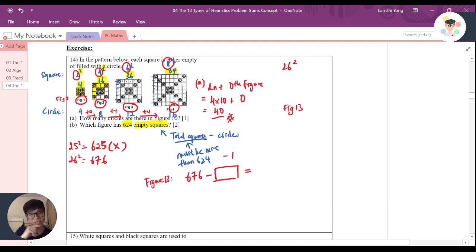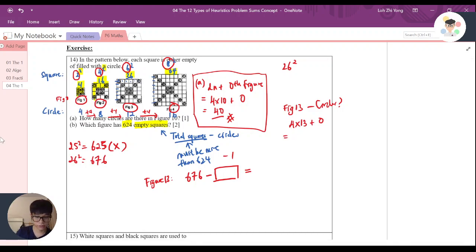Now, I know that when it is this one, it will be figure 13. Then how many circles do we have here? So we can try to minus. Again, we can use the same concept as what we did here. If it's figure 13, how many circles? d times n. d we know is again 4, n will be 13, plus 0 figure is 0. So 4 times 13, press the calculator, we know it's actually 52.